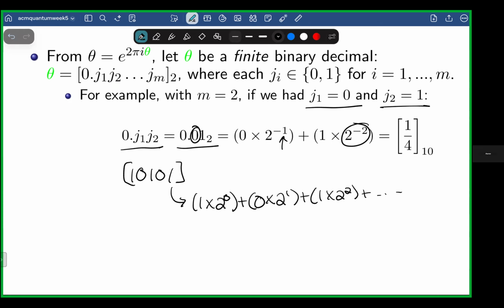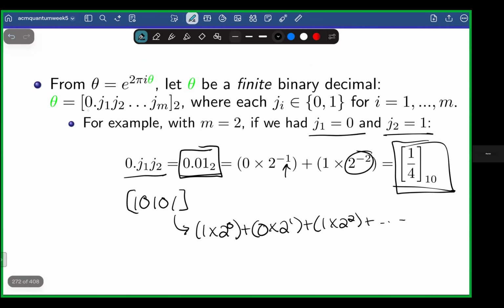Does that make sense? So when we do that conversion, you get 1 over 4 in base 10. So 0.01 in base 2 was 1 over 4 in base 10. Good. And we're assuming that form of our theta, that it's some m-bit binary decimal.